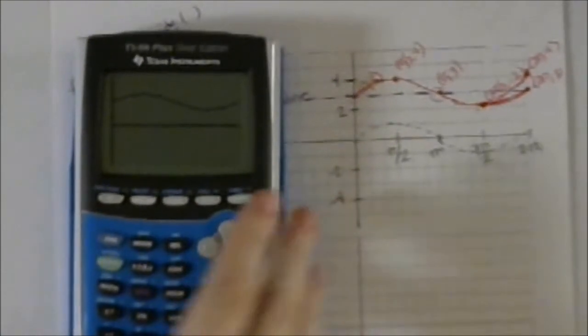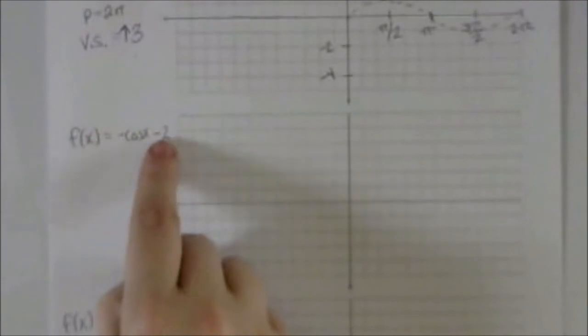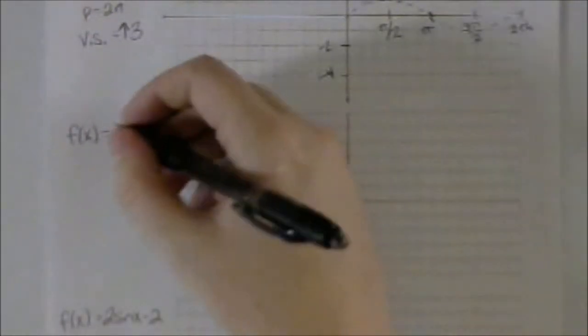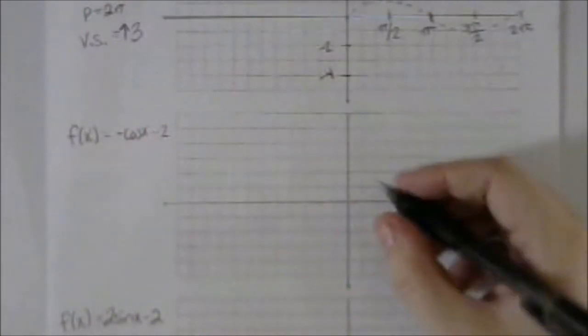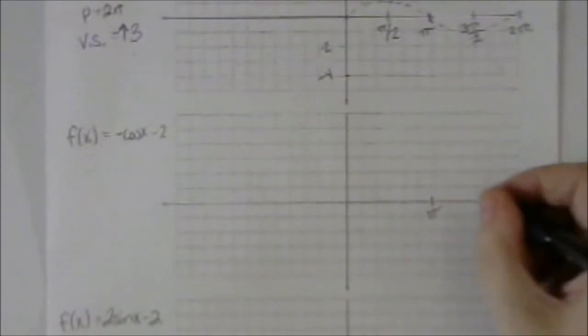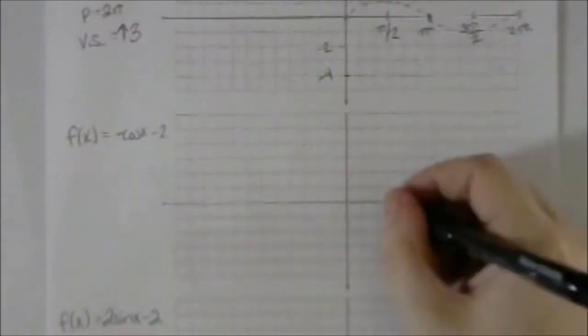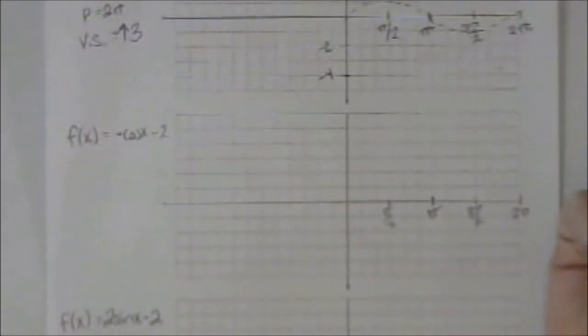Let's try another one. For the next example, we're going to graph negative cosine x, but shift it down 2 units. To begin, graph a negative cosine x. And let's plan ahead.